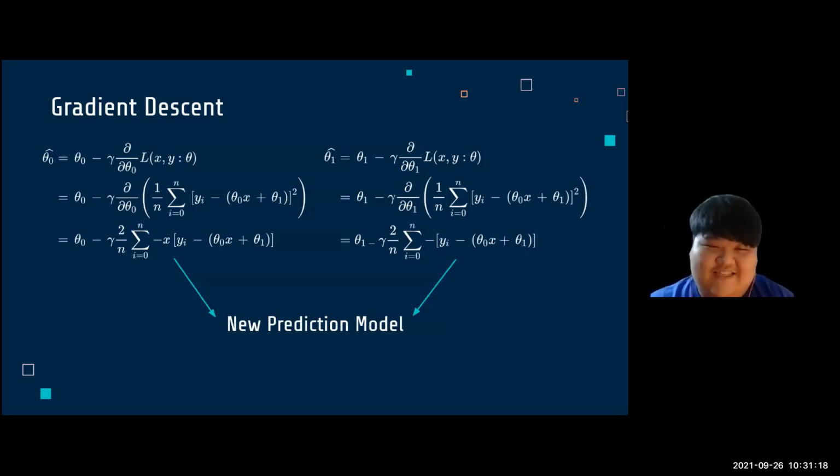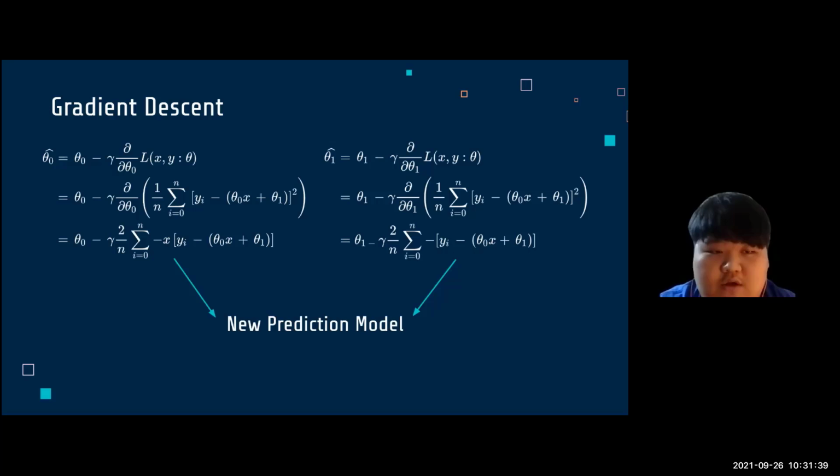Okay, so this is how we do gradient descent. Don't worry, you don't need to do it by hand, but it is good to know, right? Basically, we get our theta 1 and theta null, the initial constants of our prediction model.